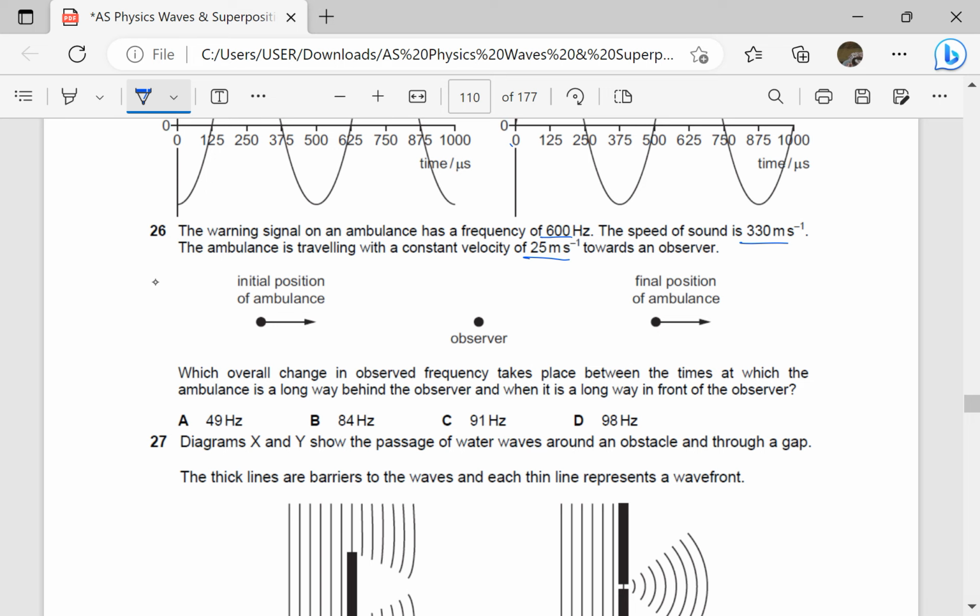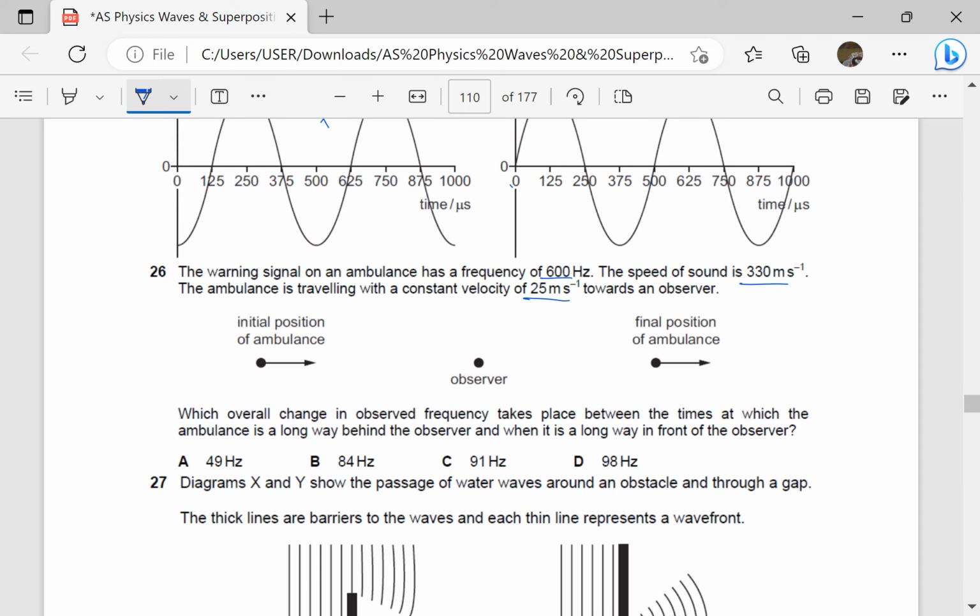Which overall change in observed frequency takes place between the times at which the ambulance is a long way behind and when it is a long way in front of the observer? I think we answered such a question, but we can still answer it. The frequency here towards, so speed is 330, normal frequency is 600, divide by 330.